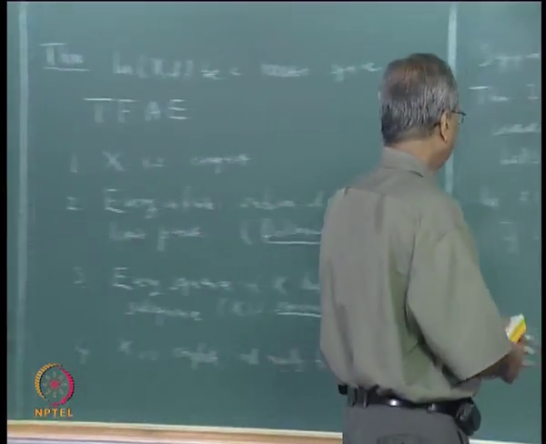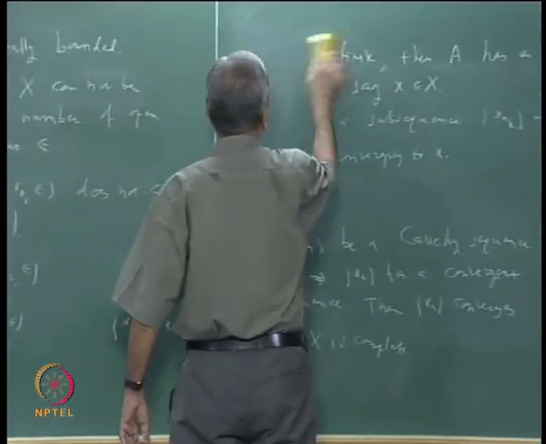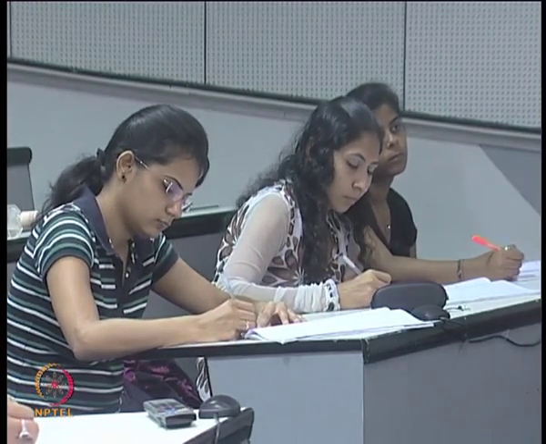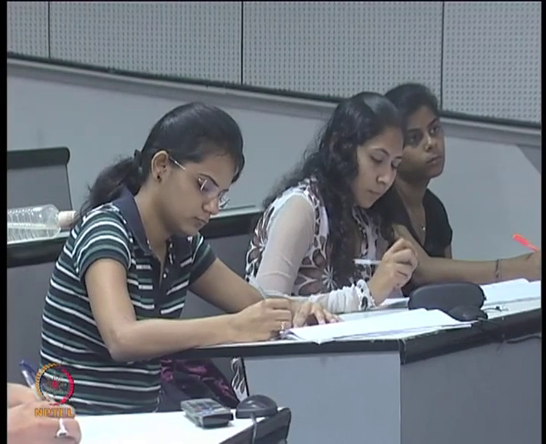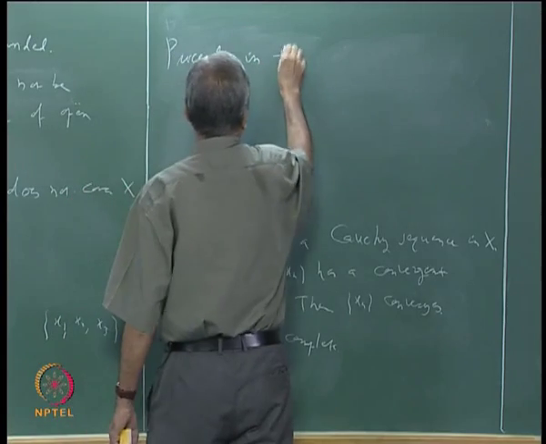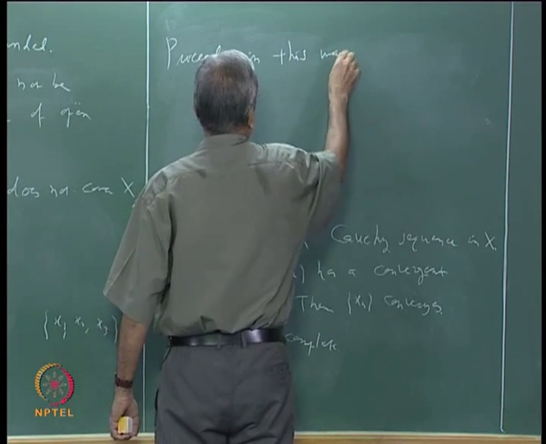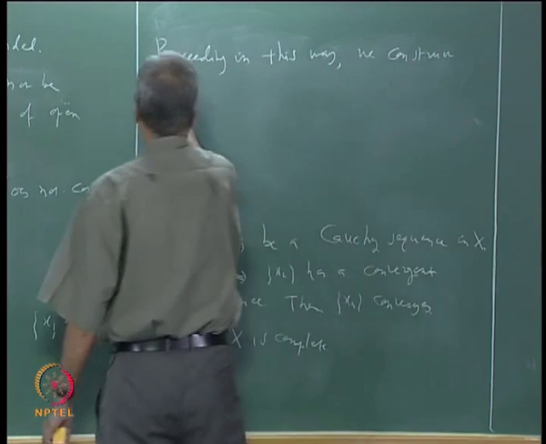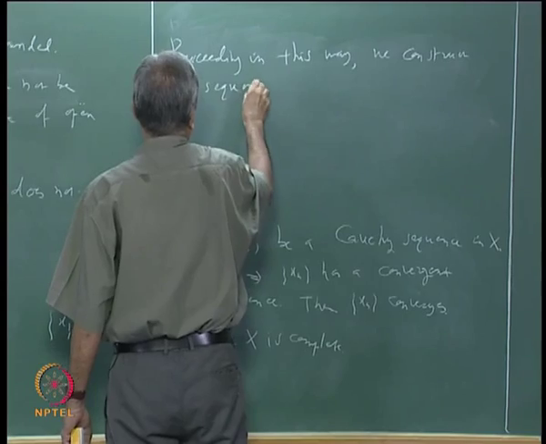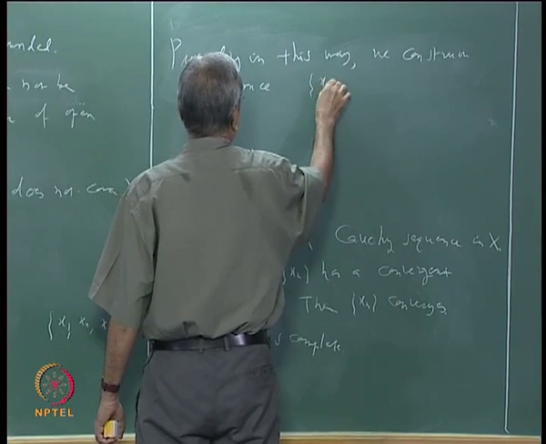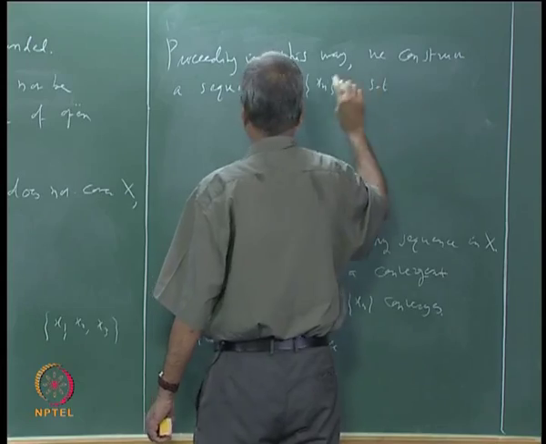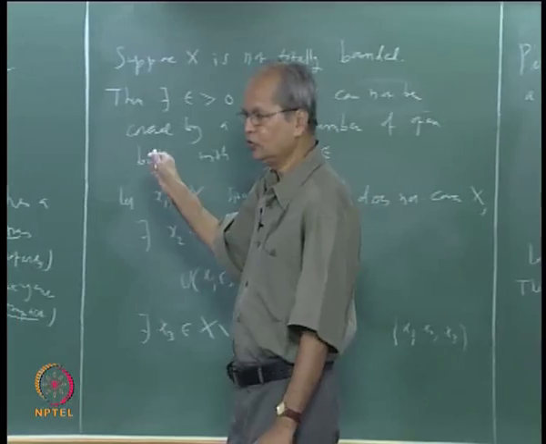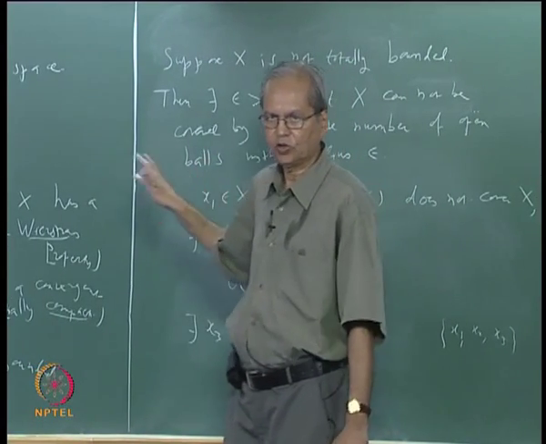So proceeding in this way, we construct a sequence x_n such that x_{n+1} does not belong to any of those n balls with center at x_j and radius epsilon, for j going from 1 to n.